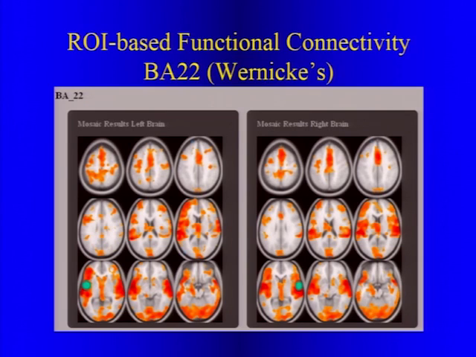So here we've seeded area 22, and you can see on the left side of the brain there's similar areas or connectivity in Broca's region. If you do the same on the opposite side, which is the patient's right side, then you don't see this area of connectivity.